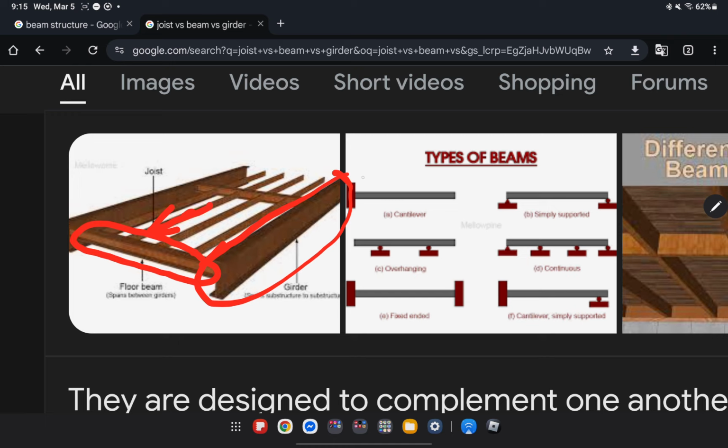So when you say lateral loads, it's a kind of load that is moving this direction or this direction. That's why beams are the ones that connect your columns.